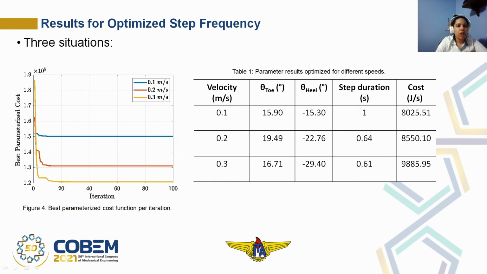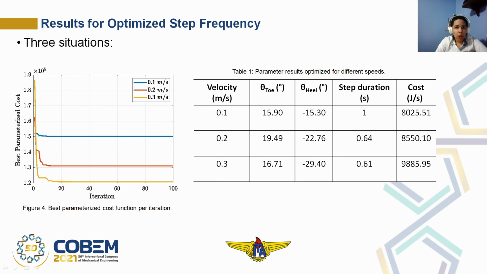The results for optimized step frequency. We analyze three situations. In each situation, the walking robot has a different velocity. Figure 4 shows the best cost function, but the cost is parameterized by step length. From this point of view, we know that a speed of 0.3 is the most advantageous.